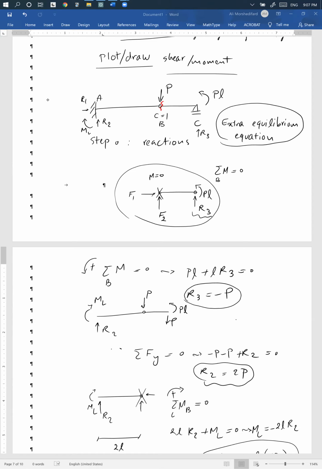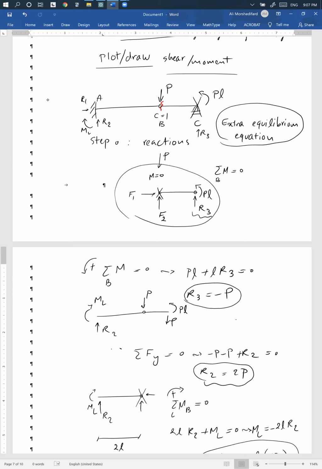You mean the right side? What do you mean we moved them? We didn't move them. You see R3 and PL are at this point, right? So I've put them exactly where they are applied. Do you agree? So the only thing, why did I not put this P here? The reason is it doesn't matter.